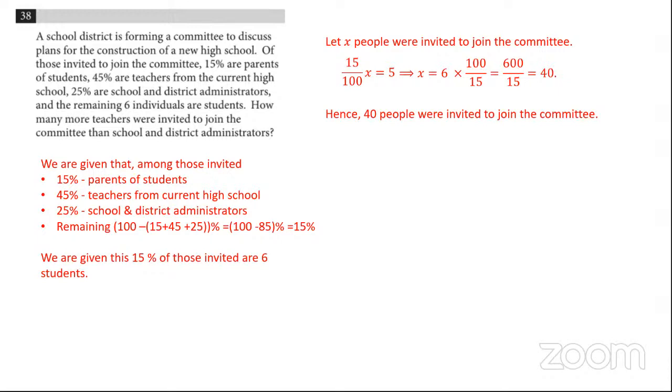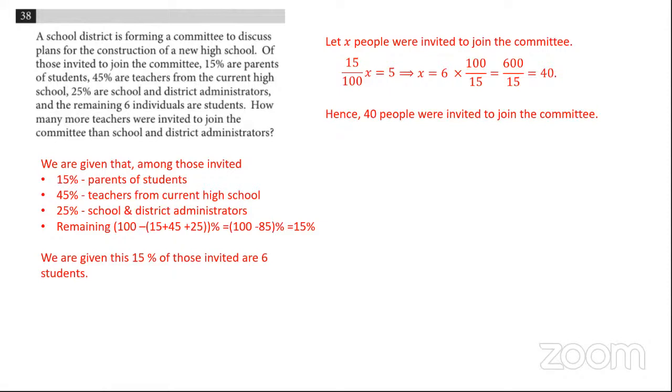Now, what is our question? What are we asked to find? We are asked to find how many more teachers were invited to join the committee than the school and district administrators. The teachers account for 45% and the school and district administrators account for 25%.